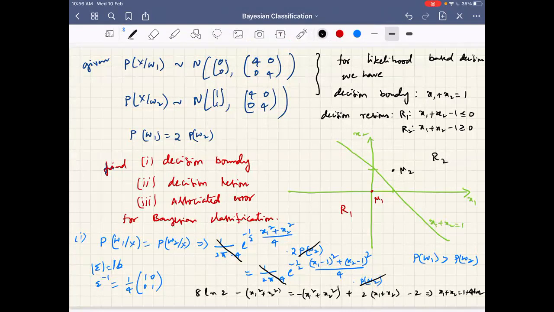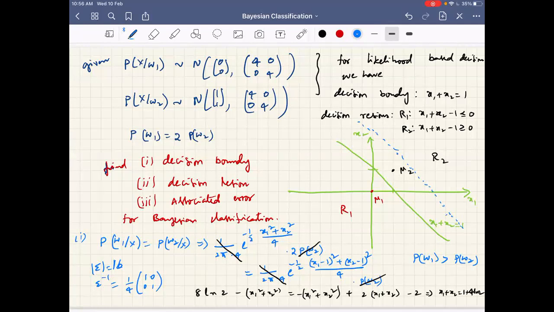However, one thing is sure: all the quadratic terms will cancel out, so you will only have a linear term. The decision boundary is still a straight line, and that will be some straight line. The angle, or the normal, or in other words the slope of the decision boundary is also the same.